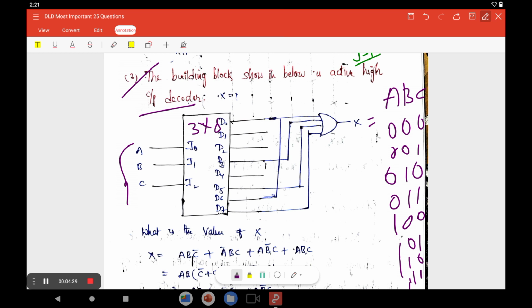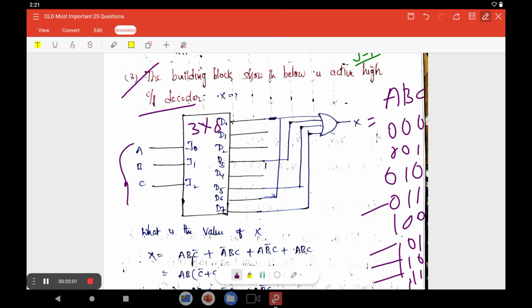These are the 8 possible ways. So D6 is this one, then D7, and next D3, D0, and D3 only.